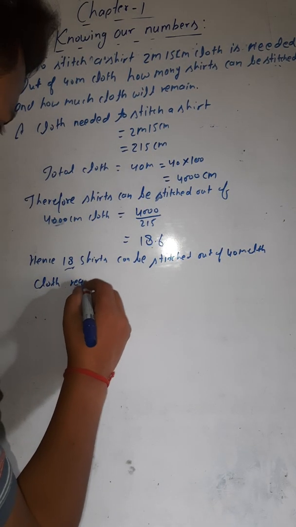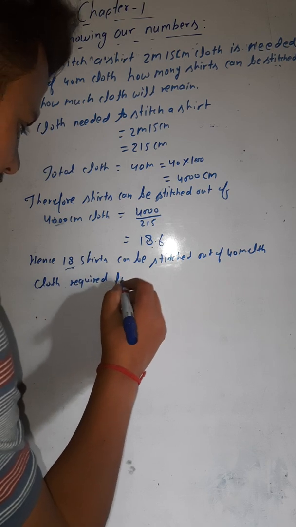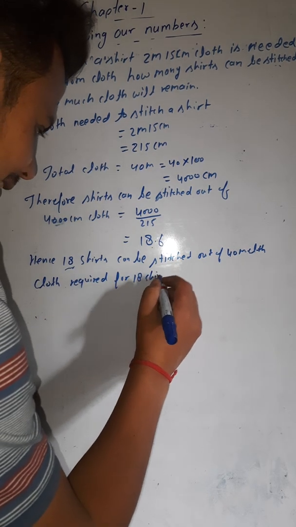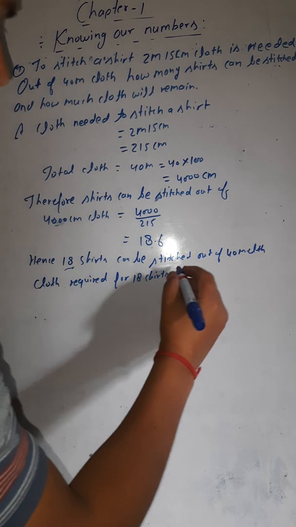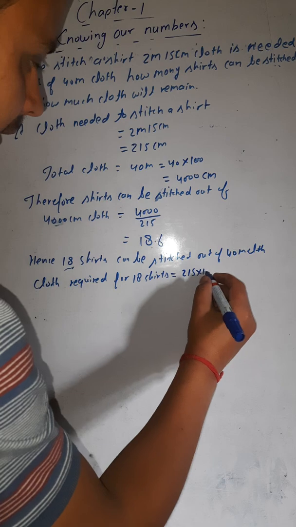Okay, so cloth required for 18 shirts is equals to, now you are knowing cloth required for one shirt is 215 centimeter. So therefore cloth required for 18 shirts would be equals to 215 multiply 18.